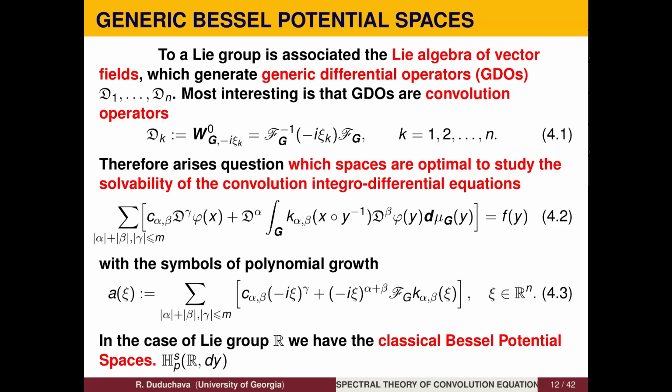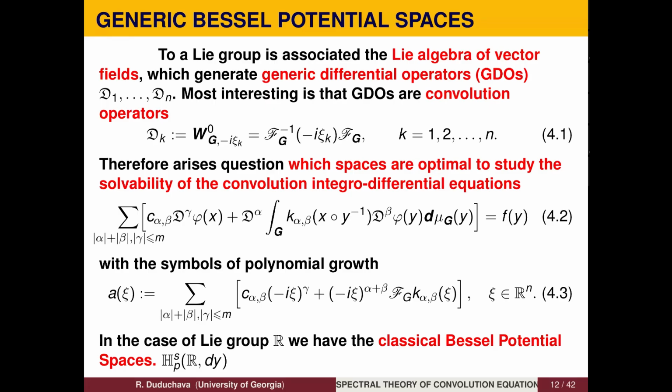For the half axis, the generic differential operator is the derivative multiplied by the independent variable, t d/dt. And the generic differential operator for the group (-1, 1) is (1 - x squared) d/dx. So they are very different, these generic differential operators for different groups.